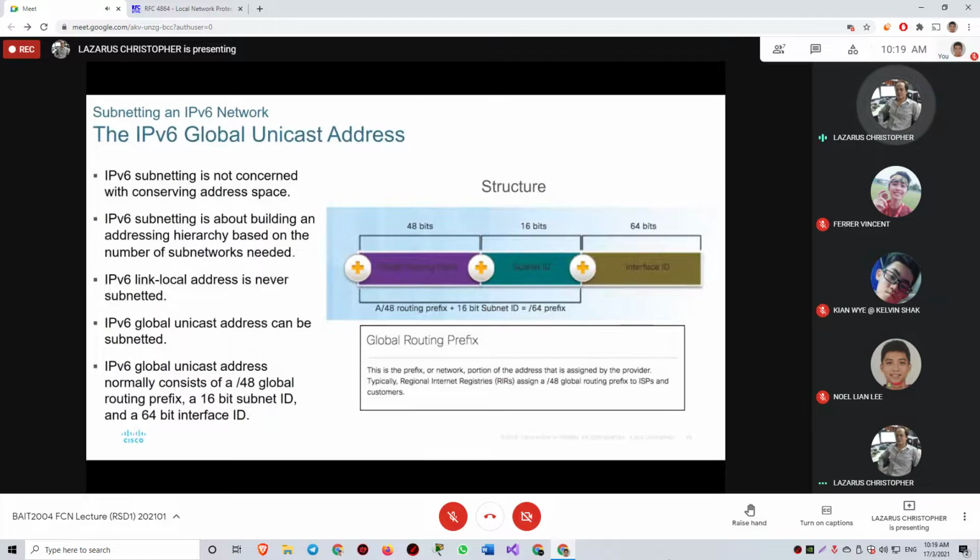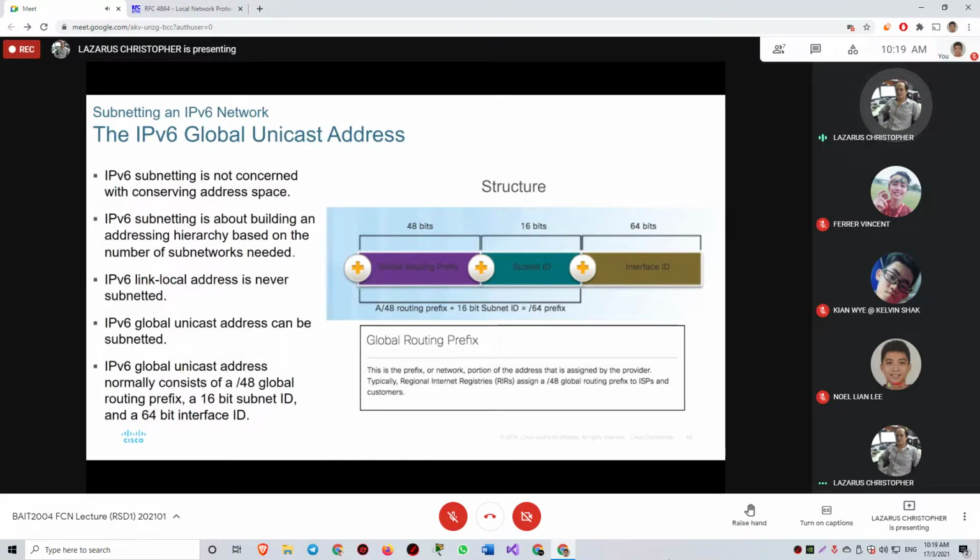Link local address is available, which is never forwarded by the router. Just in case you don't have a global unicast address, then at least you can communicate within your own LAN using the link local address.